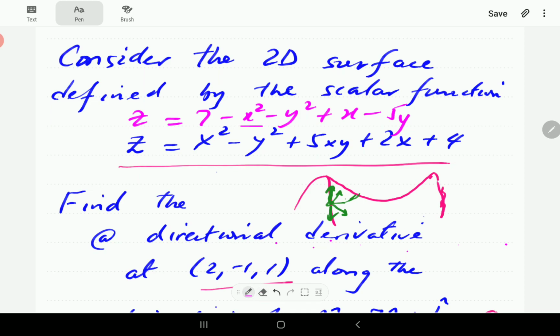In this case, since the signs of x squared and y squared are the same, this equation is called a paraboloid of revolution.